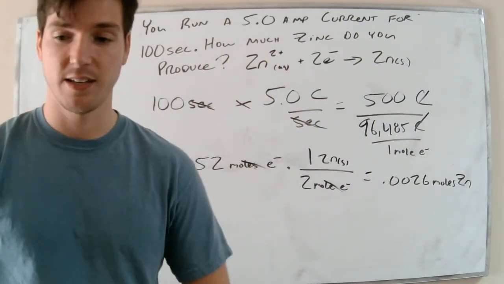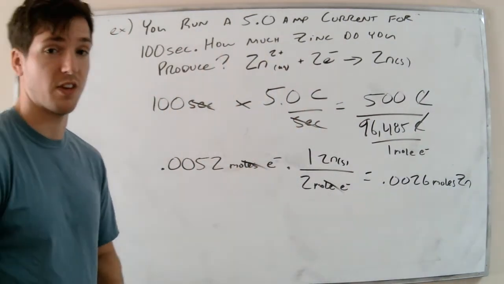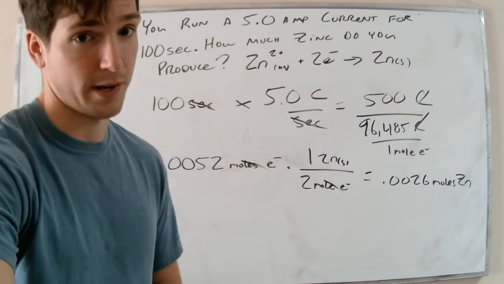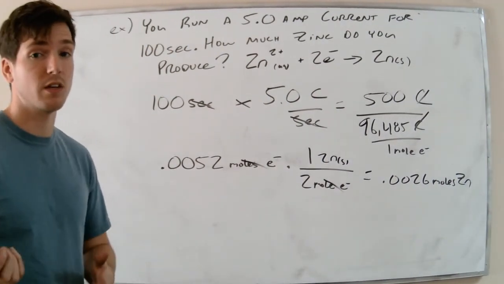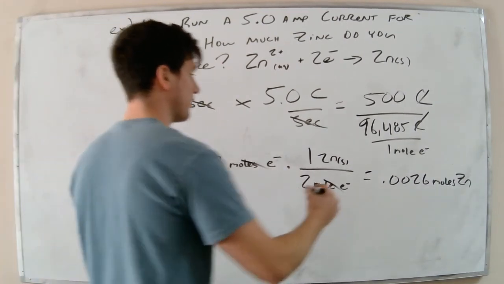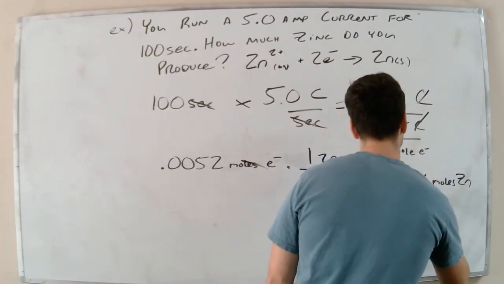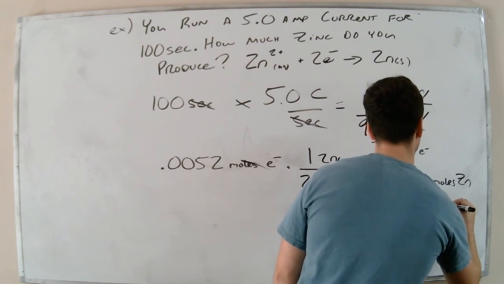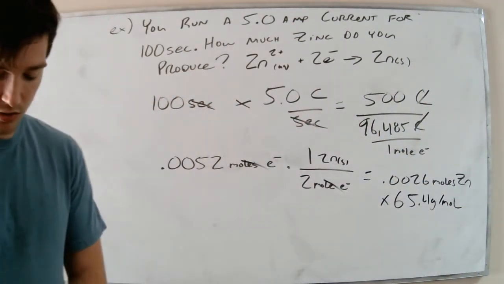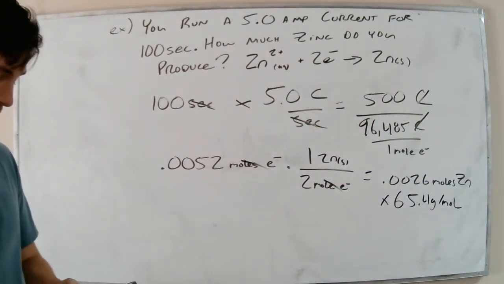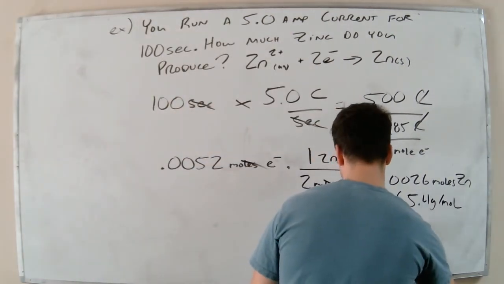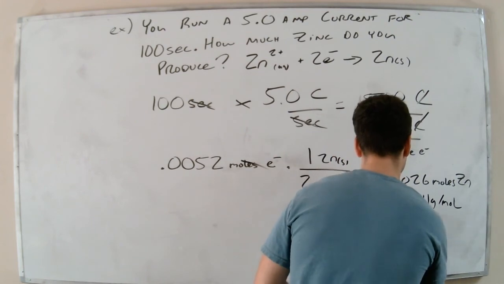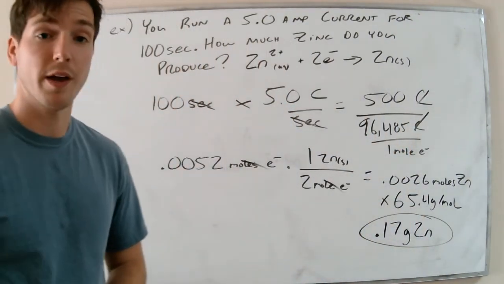But again, I don't want moles of zinc. I want grams of zinc. So now I gotta take those moles and multiply it by the molar mass of zinc, which is 65.4, to get grams of zinc. So this is actually a pretty small amount of zinc. It'll just be about 0.17 grams of zinc that I produced, okay?